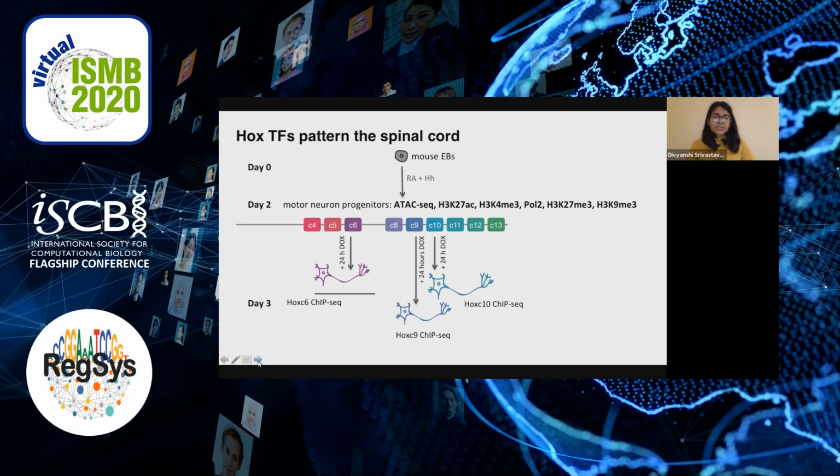So in order to do this, we took these motor neuron progenitors, and before the induction of the Hox factors, we measured the chromatin environment within these progenitors. So we used ATAC-seq to measure chromatin accessibility, as well as ChIP-seq to measure a bunch of different histone modifications. And we asked whether this chromatin landscape predicts induced Hox transcription factor binding.